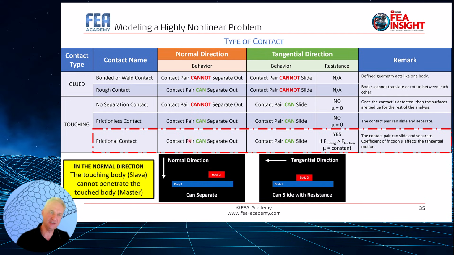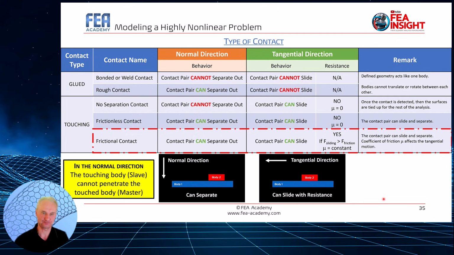So it means in the normal direction, the contact pair can separate, and in the tangential direction, the contact pair can slide. And there is resistance between the contact bodies. Okay? It means that the friction of the problem is taken into account with a coefficient of friction.